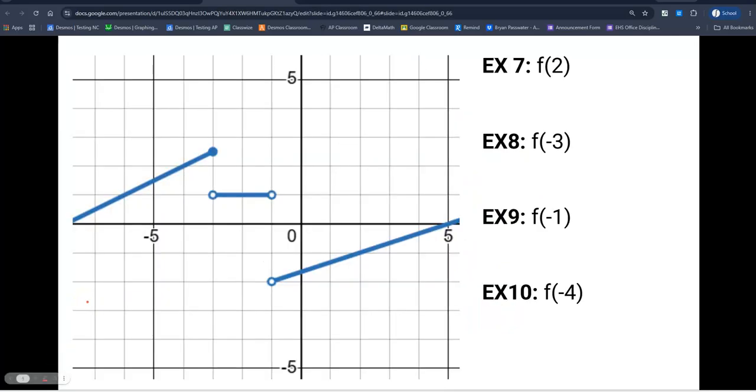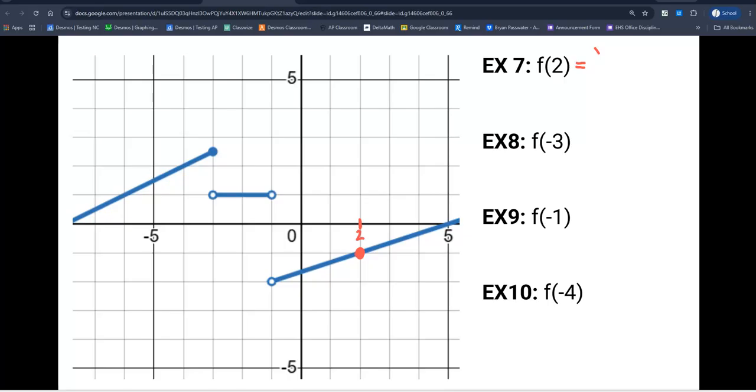Okay? All right, here's a graph that's a little bit harder. My first point is f of 2, which means I'm looking for the point where my x coordinate is 2. 2 is right here on that x-axis. So if I go up or down to find the point, it's right here.